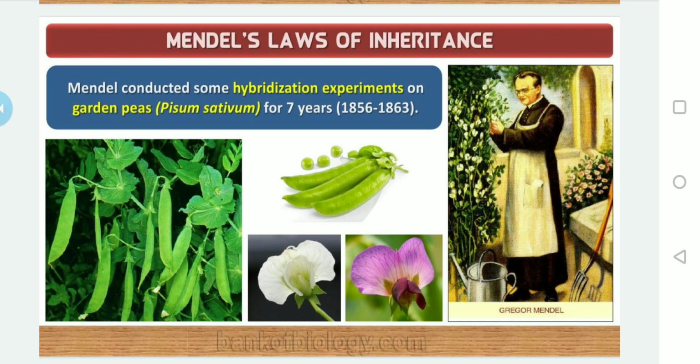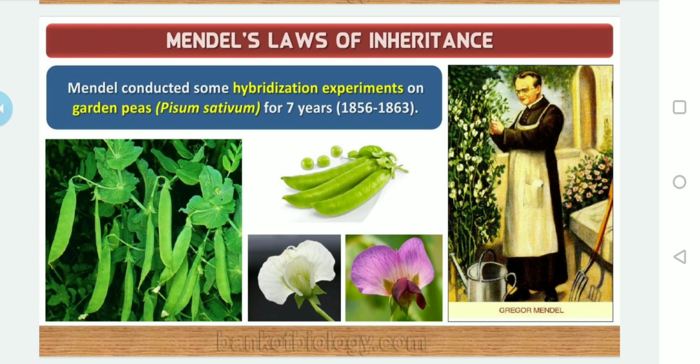Mendel conducted some hybrid experiments on the pea plant, botanical name Pisum sativum. It is commonly called garden peas. It was about 7 years, between 1856 and 1863.